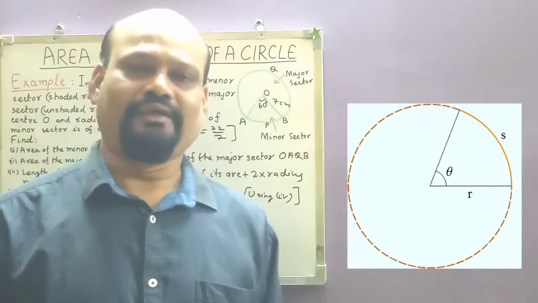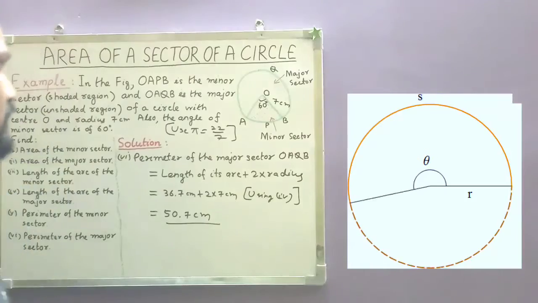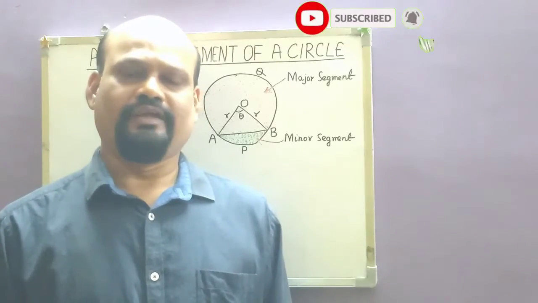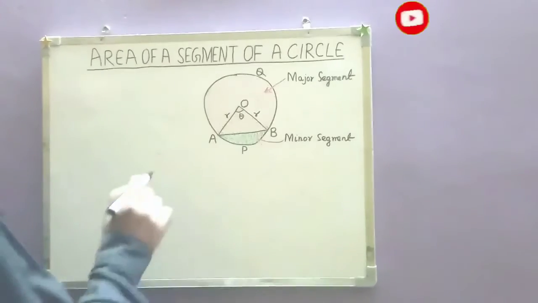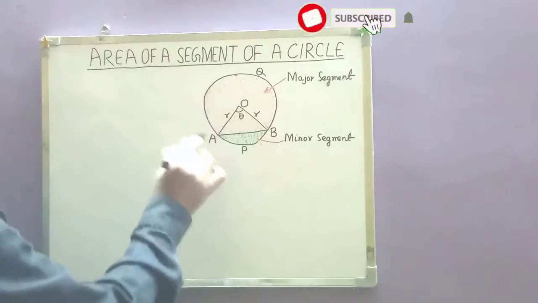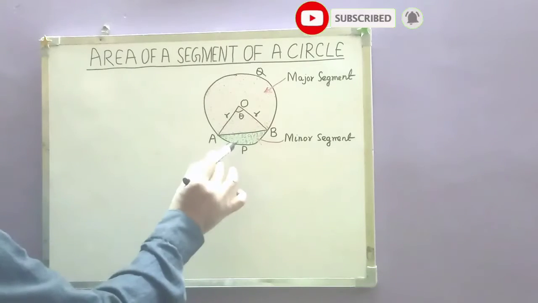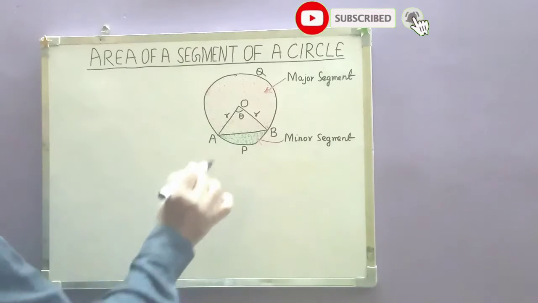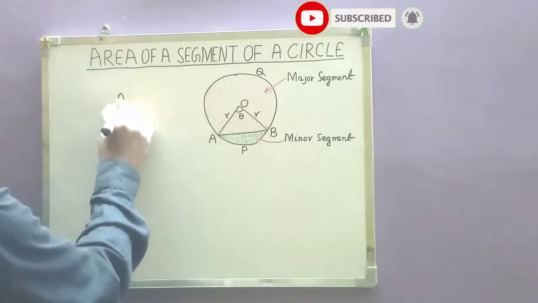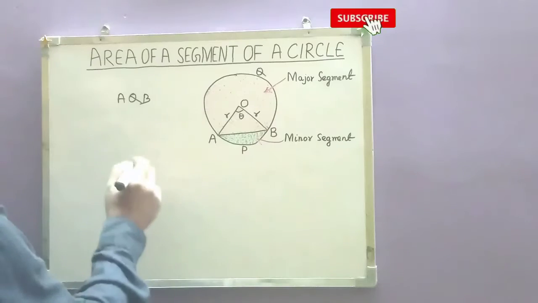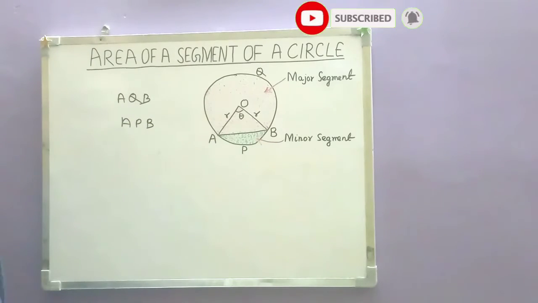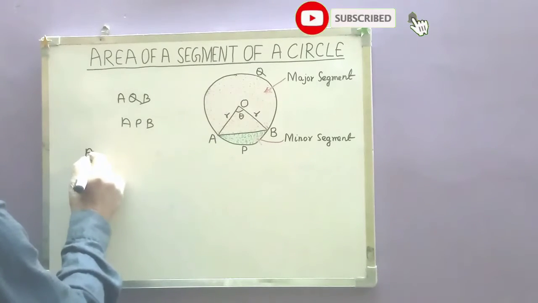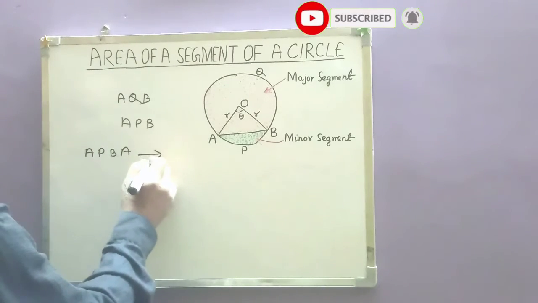I think you would have understood how to use the formulas relating to the sector of a circle. Now let's discuss how to find the area for the segment of a circle. When a chord, say AB, of a circle with center O divides the circle into two parts, say AQB and APB, then each part is called a segment of the circle.